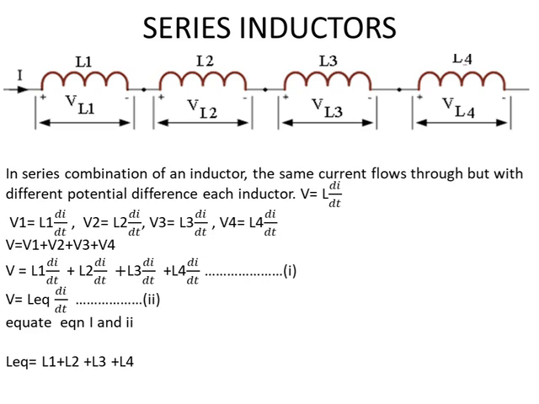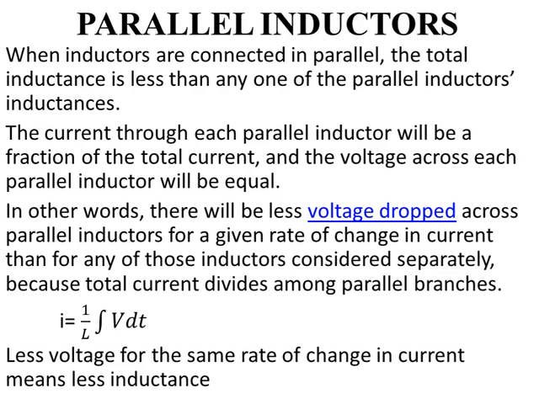You can have it as equation 1 the way it is, or as equation 2 the way it is. By the time you equate both together, you realize that getting the equivalent inductance of series inductors is just the addition of all the individual inductances in the circuit, which is L equivalent equals L1 plus L2 plus L3 plus L4.